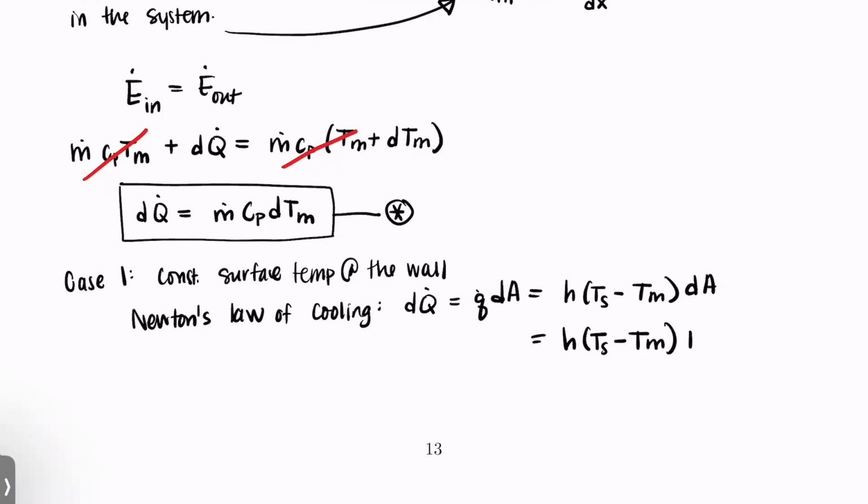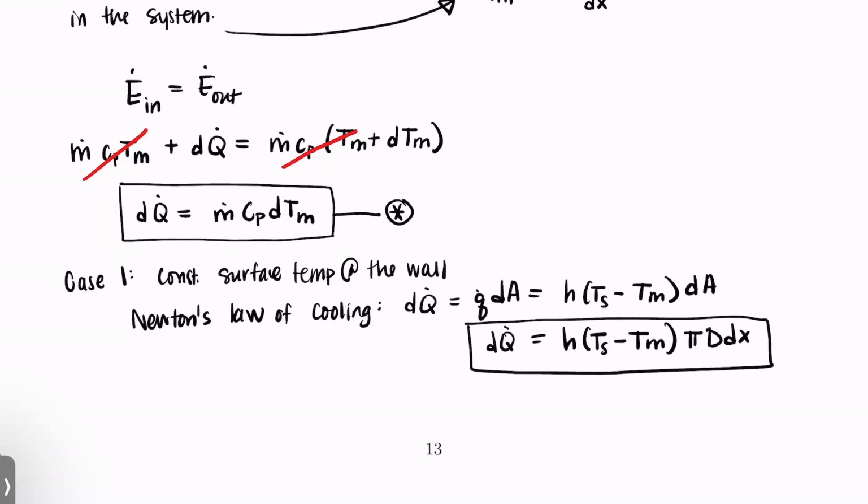So I have pi times D dx. All right, so this is dq. I'm going to put a box around this equation and call it star star.